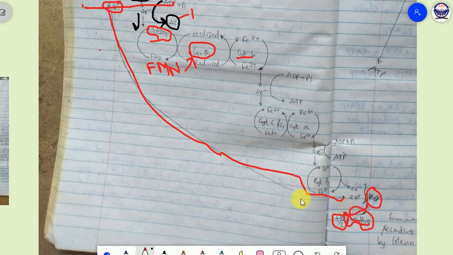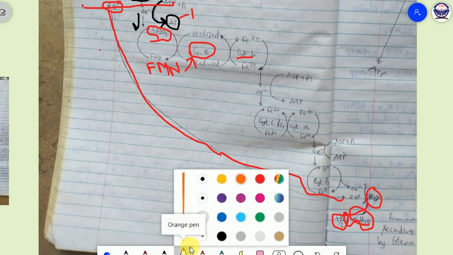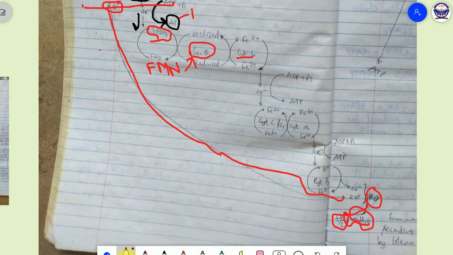Sasa ninachokisema ni kwamba unaziona hizi hapa, unaweza ukanote kitu hapa. Lazima uwe ni mtu wa kunoti, yani tunafanya vitu sio tu unapita bila kuona chochote. Hapa unaona hizi zote hizi ziko kwenye one energy level.